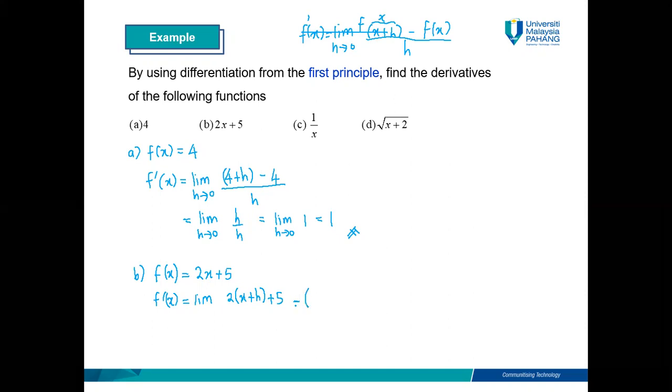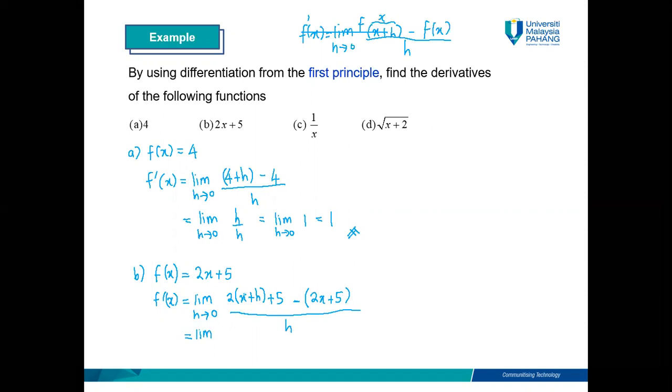Minus is so sensitive. Dia akan mempengaruhi function. Okay, so you ada 2x plus 5. Kat sini ni sangat sensitif. So over h when h approaches to 0.